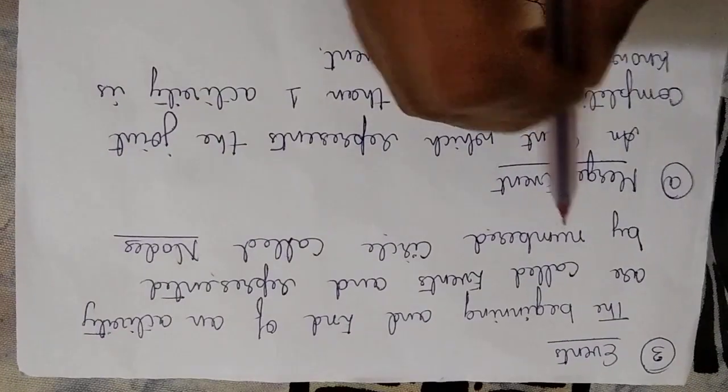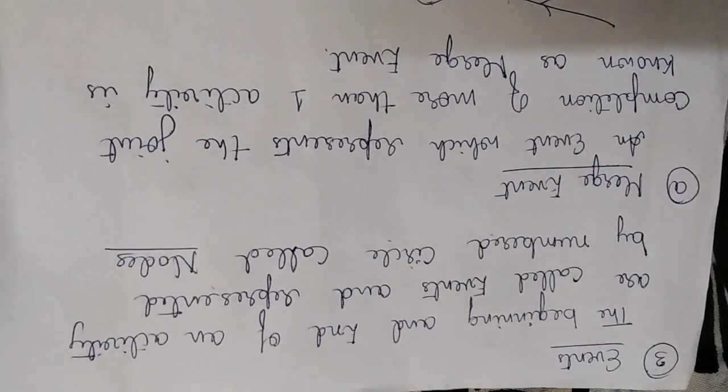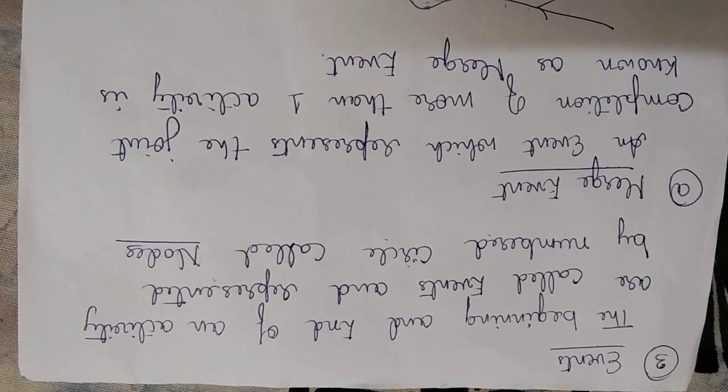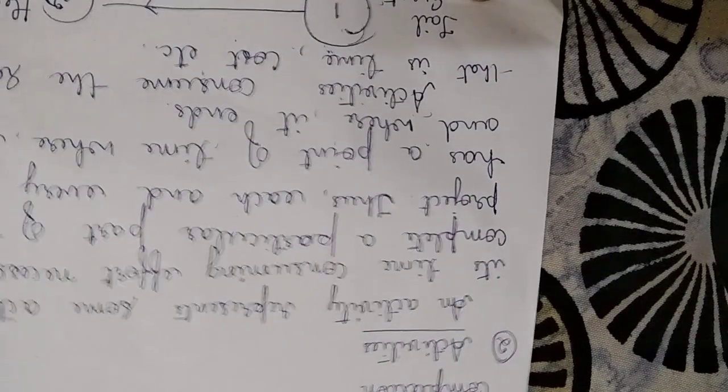Going on further, there are events. The beginning and end of an activity is called events. Whenever we speak about an activity, it has a beginning and an end. That is represented in numbered circles, called nodes. Here, these are nodes.